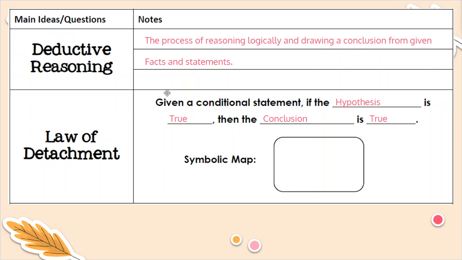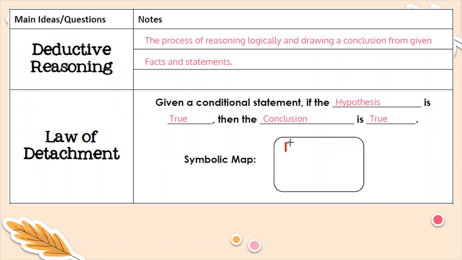The law of detachment says that when you're given a conditional statement, so your if P then Q statement, then if the hypothesis is true, then the conclusion is true. Okay, makes sense.